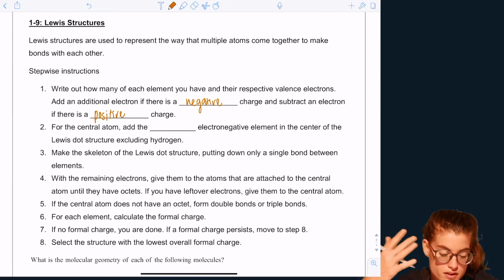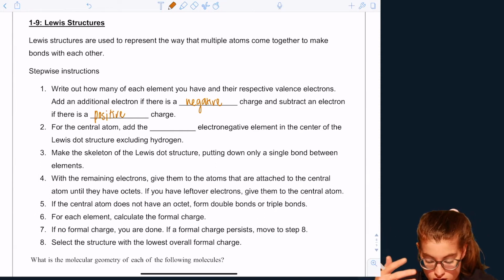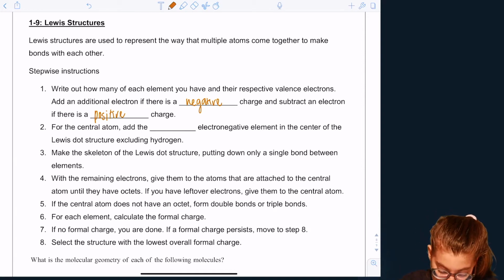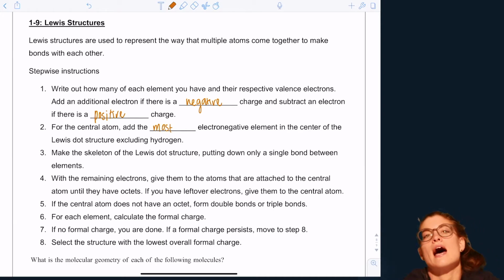So, for the central atom, add the most electronegative element. If you think about it, the central atom in a Lewis dot structure is probably going to have quite a few bonds to everybody else surrounding it, and that's why it's the central atom. Well, let's think about this. If you have an atom that is very electronegative, does that mean that atom wants to share electrons or wants to take electrons?